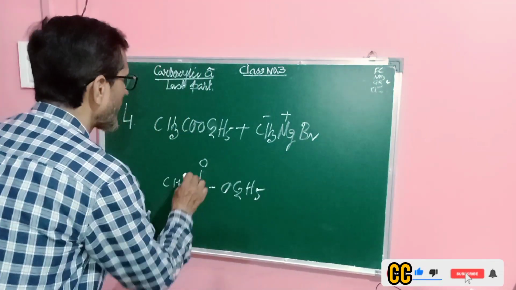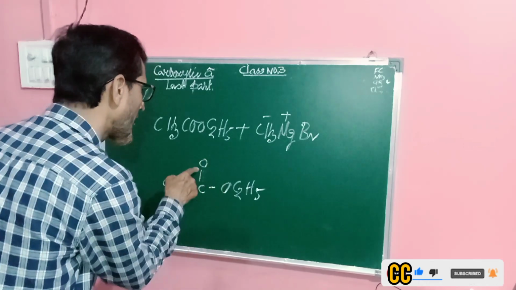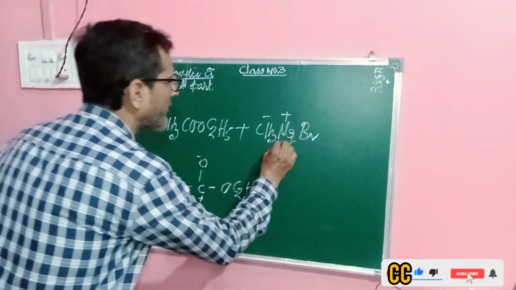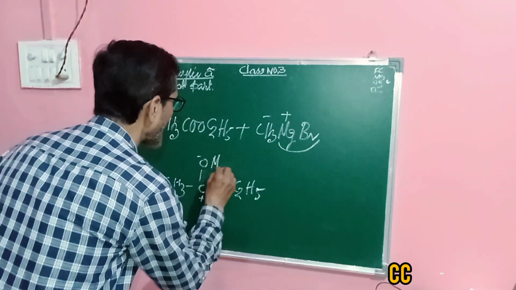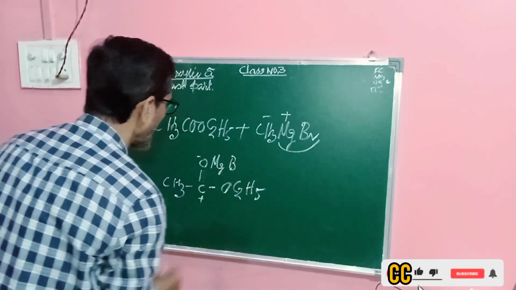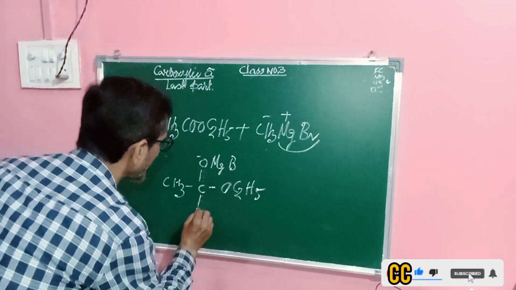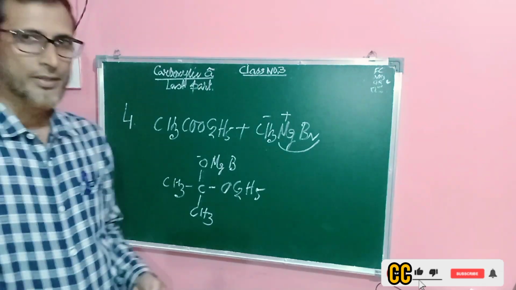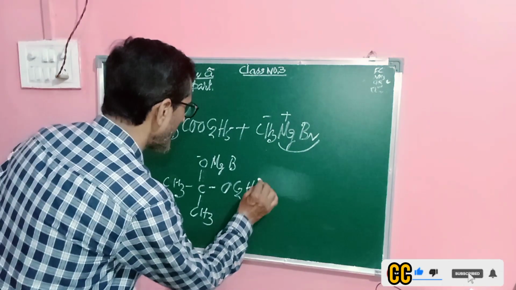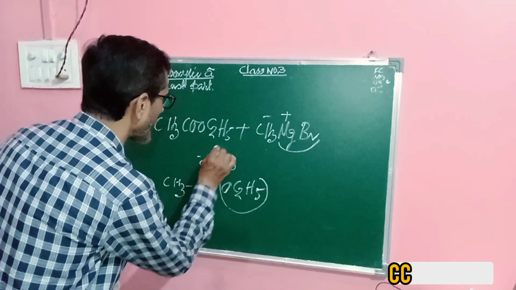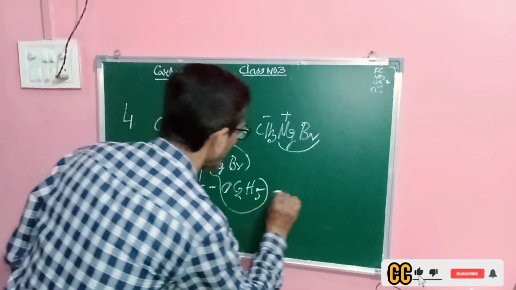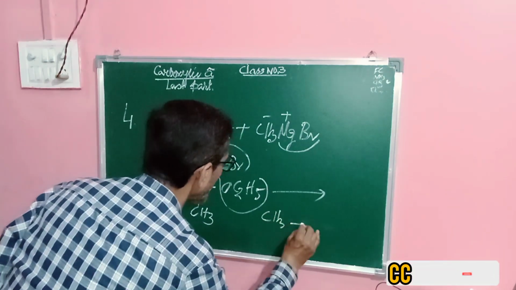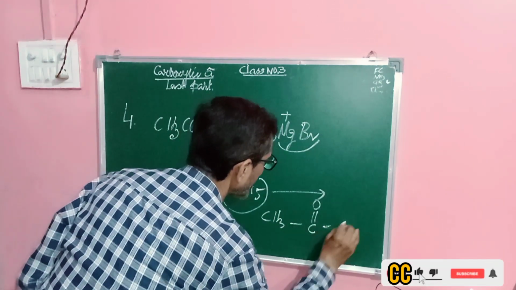This part withdraws, becomes minus, and this is plus, so along with the minus part, MgBr attaches, and here you get CH3. Now C2H5 or MgBr is released, and you get CH3COCH3.